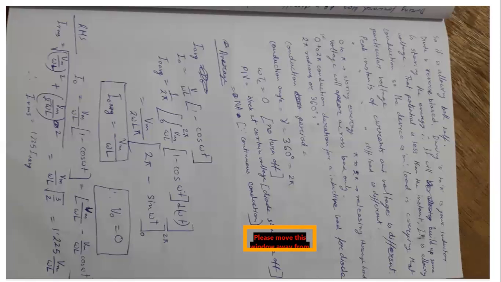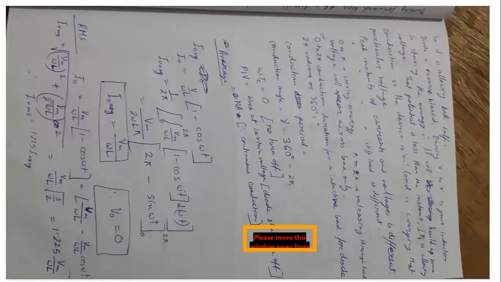Okay, so that will be equal to Vm by 2 omega L pi times [omega t minus sin omega t] from 0 to 2 pi. So I output average is equal to Vm by omega L, and the output voltage will be equal to 0.